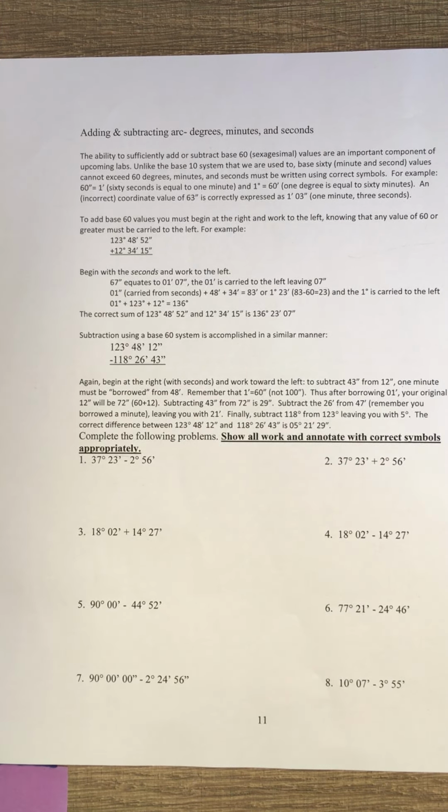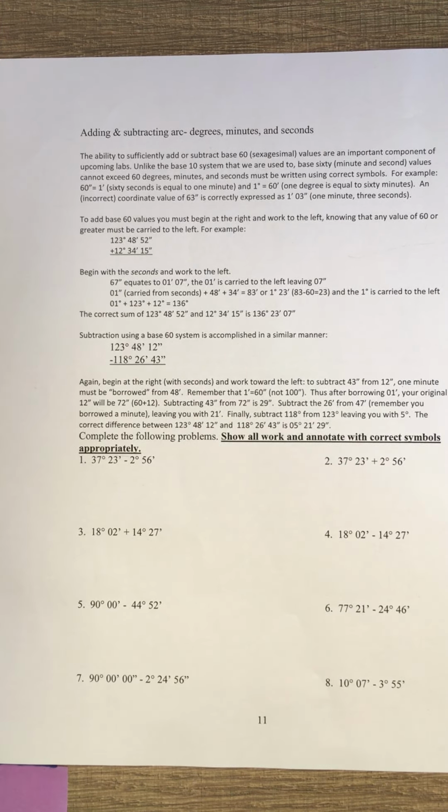Degrees, minutes, seconds is one of those ways, where your degrees are kind of the general location, and then as you go through minutes and seconds, that's how you can more precisely pinpoint an exact location on the Earth.